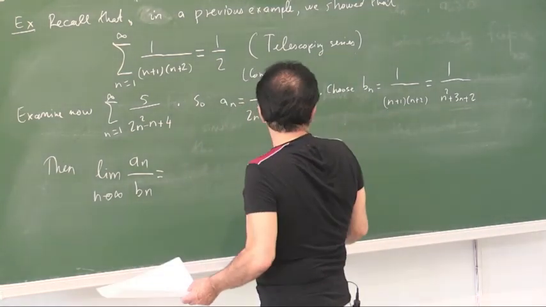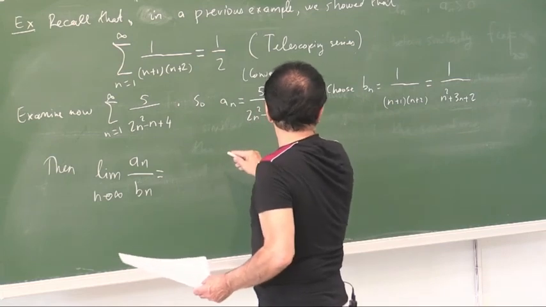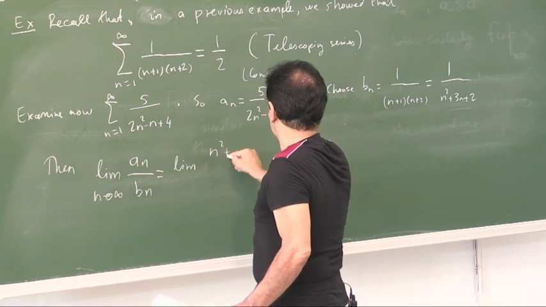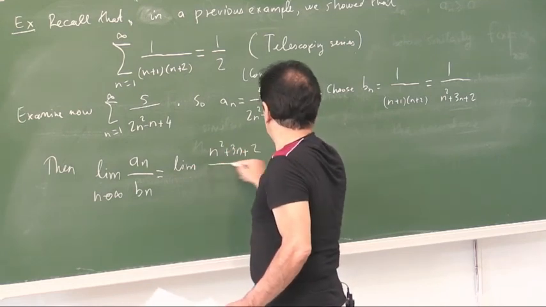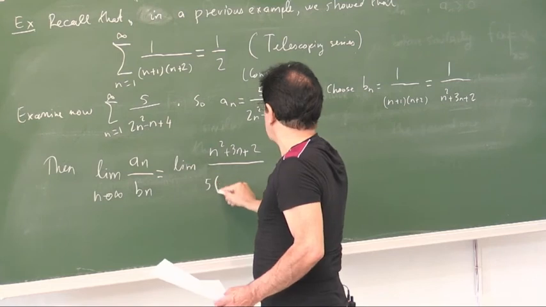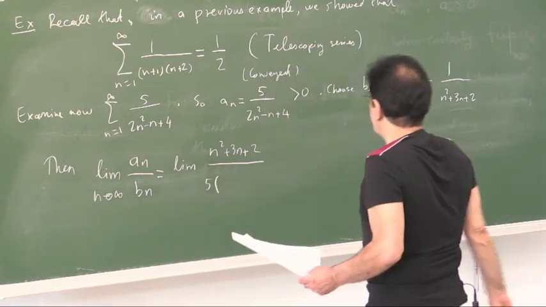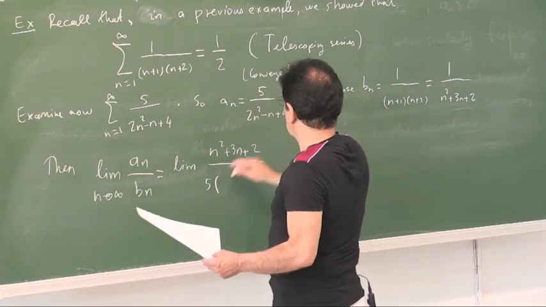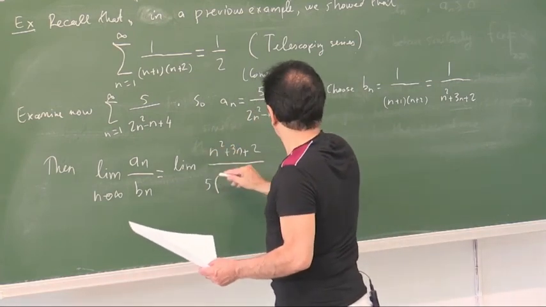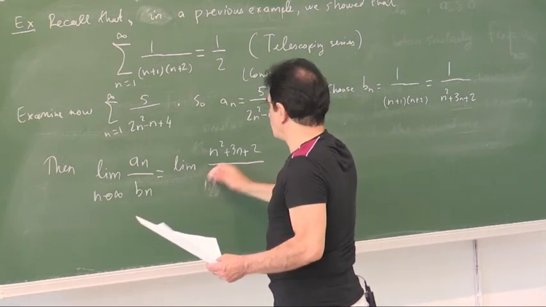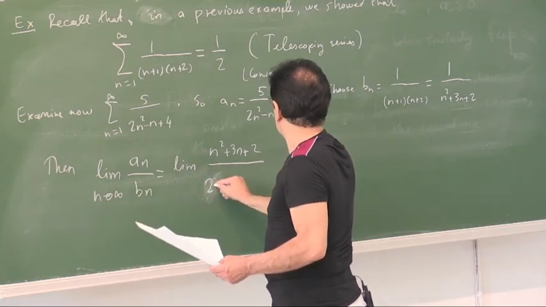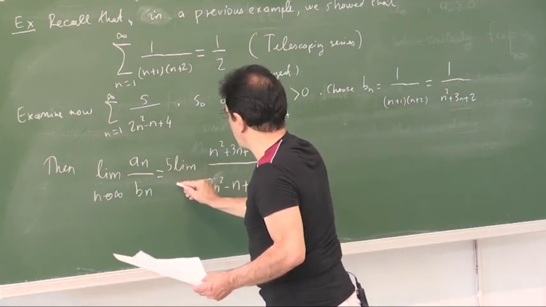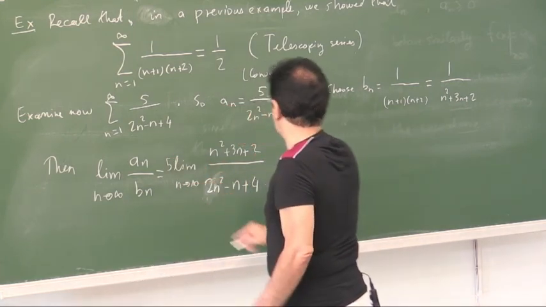So an over bn is this limit: n squared plus 3n plus 2 over 2n squared minus n plus 4, times 5, as n goes to infinity.